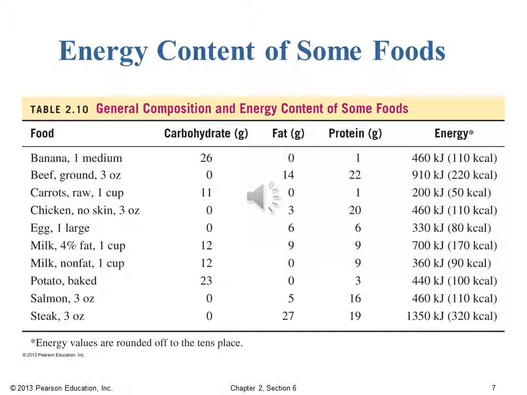Interestingly, if you go for the milk toward the bottom there, we have the full fat, roughly 4% fat in cow's milk, versus the non-fat. There's a huge difference in terms of the fat grams, right? You go from 9 grams of fat per serving to 0 without sacrificing any of that protein.